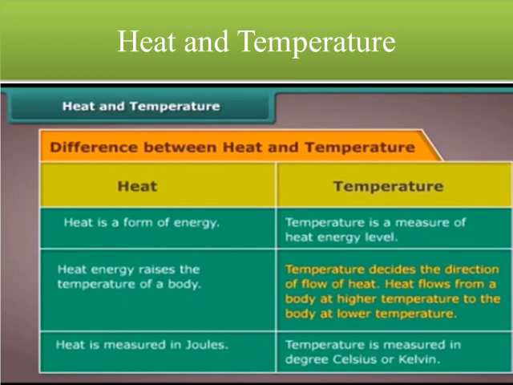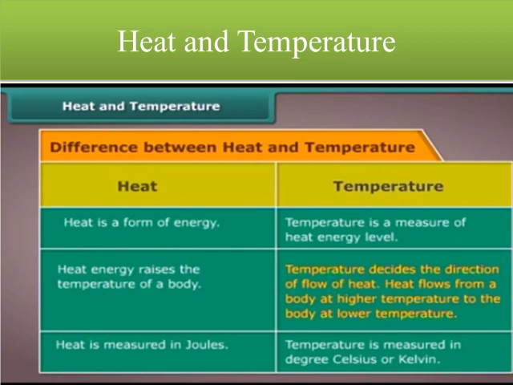So first we will check about heat. As I said, heat is a form of energy. And temperature is a measure of heat energy level. Heat energy raises the temperature of a body.